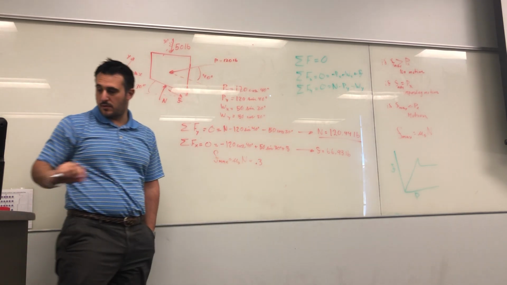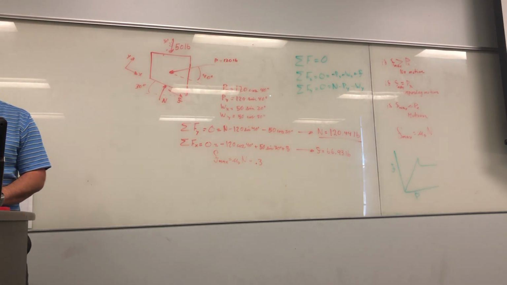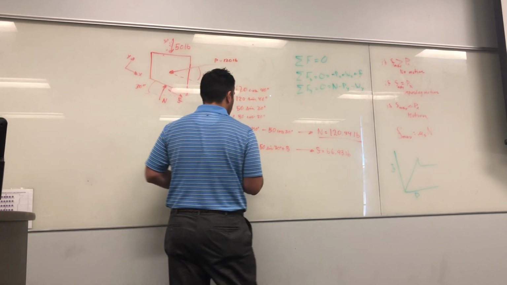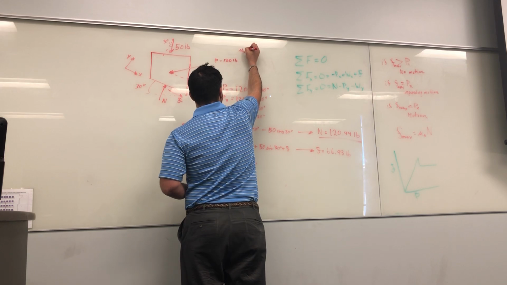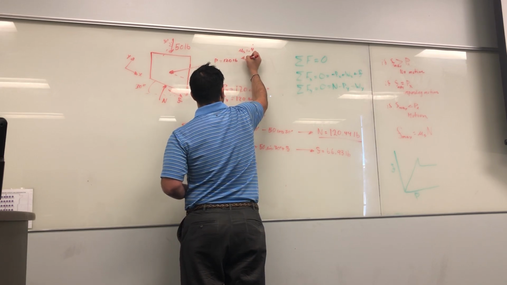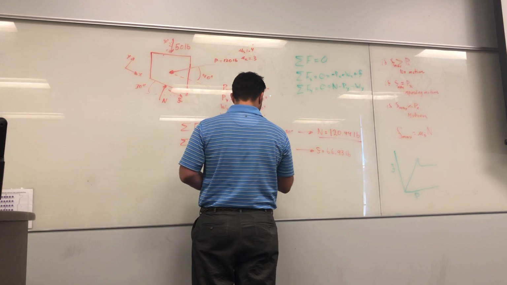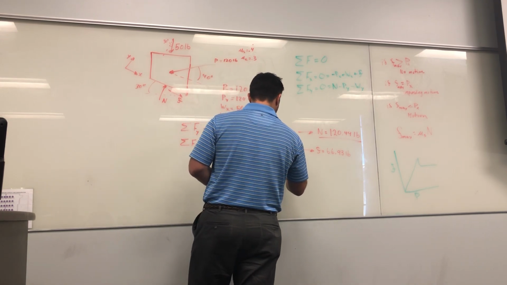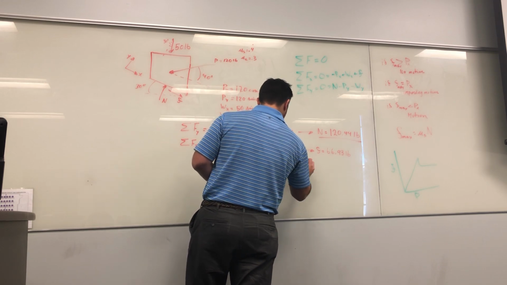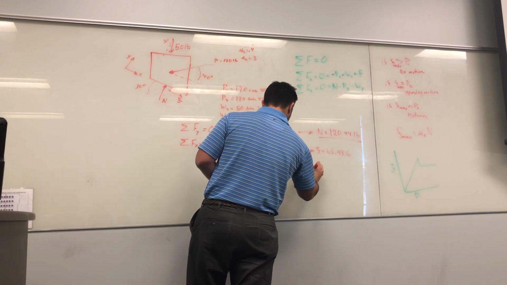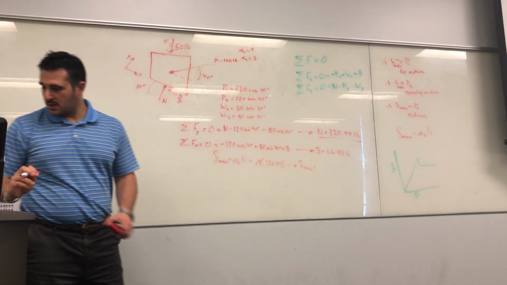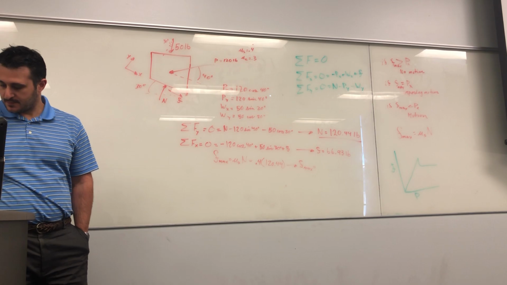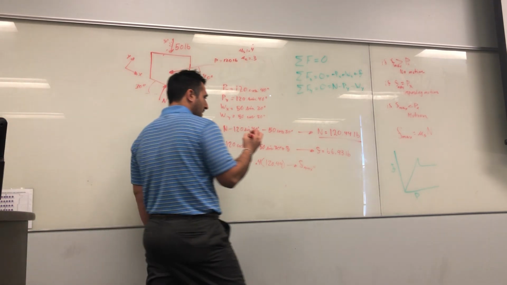Sorry, mu sub S is 0.4, and mu sub K was 0.3. So 0.4 times my normal force, which is 120.44. So my maximum friction is 48.17 pounds.